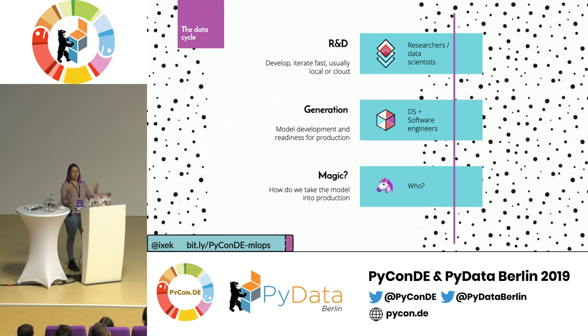Once you have identified the best approach or the best model or algorithm that you want to use, then you have to think about taking that from the research and development stage into something that can be production ready, that can be consumed by your users.